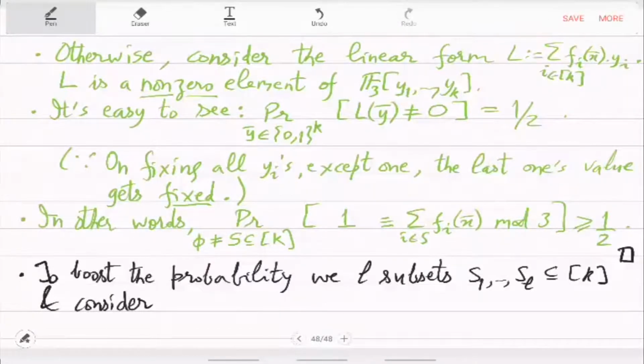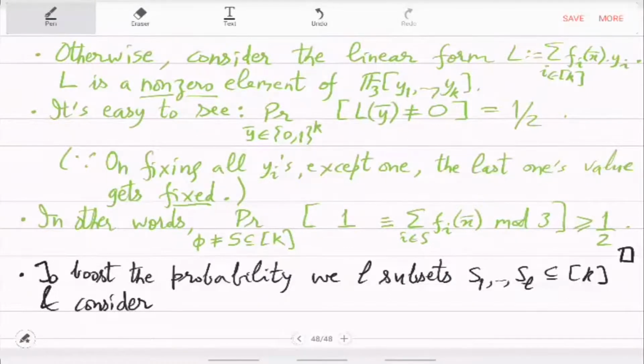And for each Si we do this experiment. What is the experiment? You compute the sum of these particular fi's according to the subset, mod 3. So you will get L values. What do you do with them? You take OR. So basically if even one of them is 1, then you output 1. If all of them are 0, then you output 0, hoping that the original OR of fi was indeed 0.